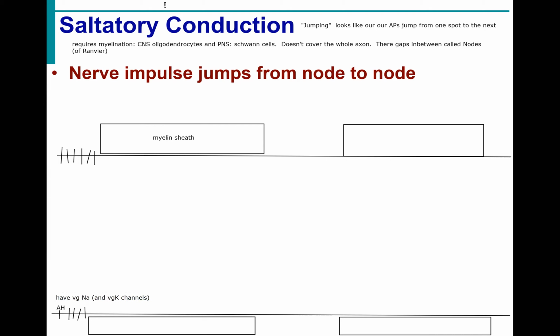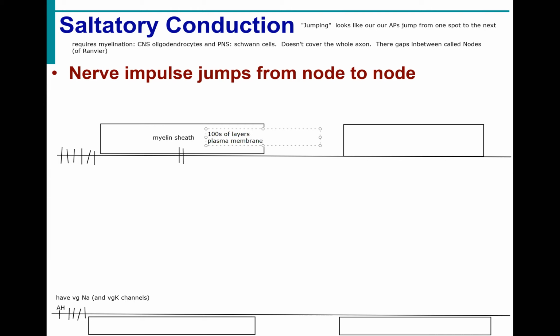Now, notice, would it do us any good to put a voltage-gated sodium or a voltage-gated potassium channel here along the axon where the myelin sheath is located? No, because remember, this myelin sheath is comprised of hundreds of layers of the plasma membrane of that cell.